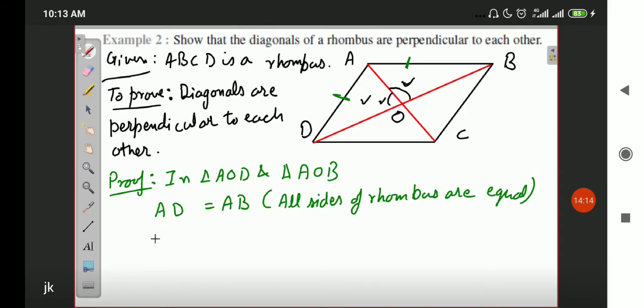Secondly, we have side AO and AO, this side is common. Thirdly, length DO and BO will be equal as well.